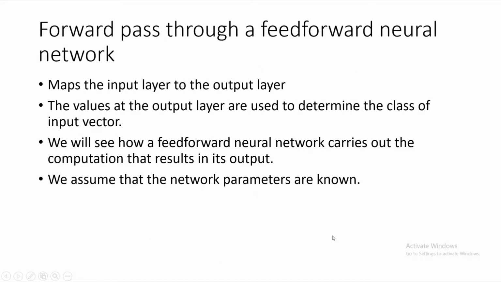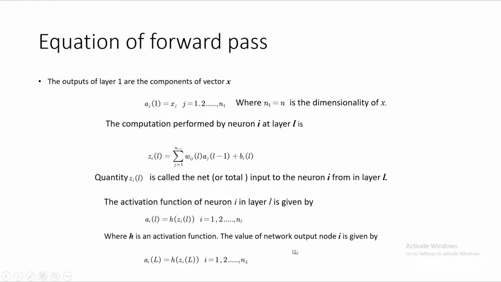We just take the weighted sum of the weights and the input values plus the bias, and here z_i^l is called the net or total input to neuron i in layer l. After we get this net input, we feed it to the activation function, and we get the activation value.